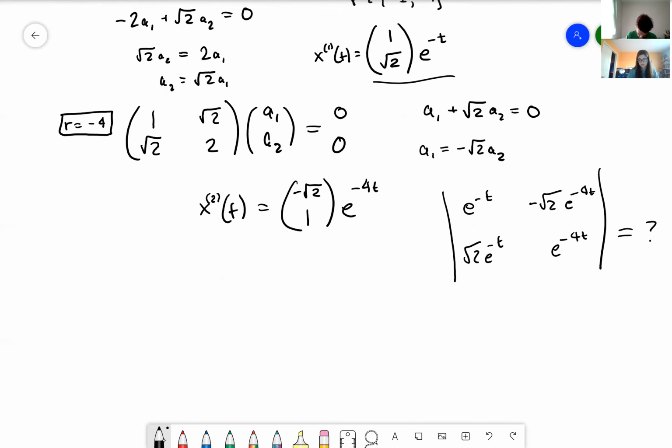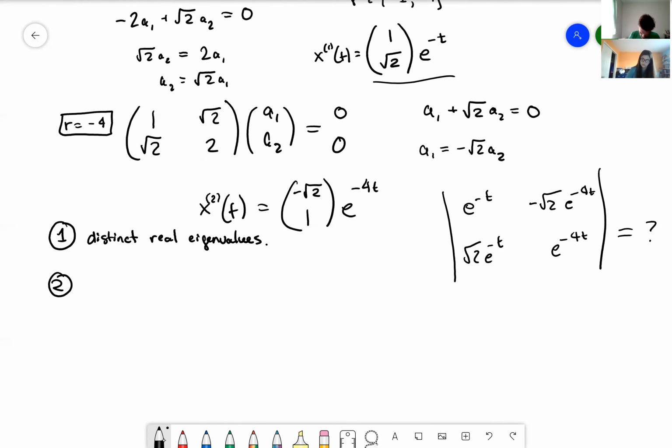Now, I want to say really quickly before I end the possible things that can go wrong. The first case, the nice case that we've been dealing with, is that we have distinct real eigenvalues. Now remember, these eigenvalues are coming as the roots of a polynomial, and so the roots could be real or they could possibly be complex. So that's the next possible scenario.